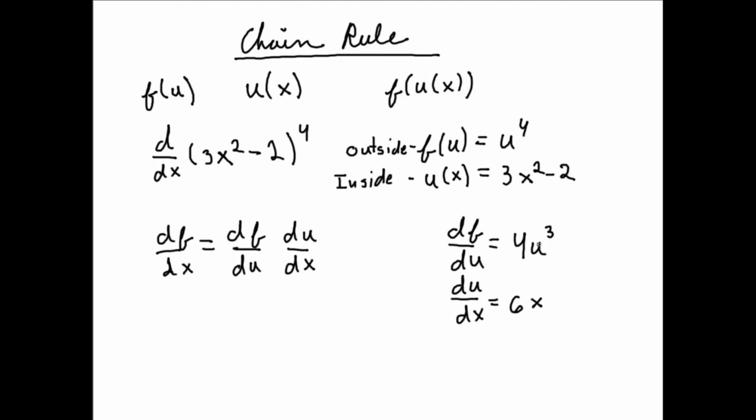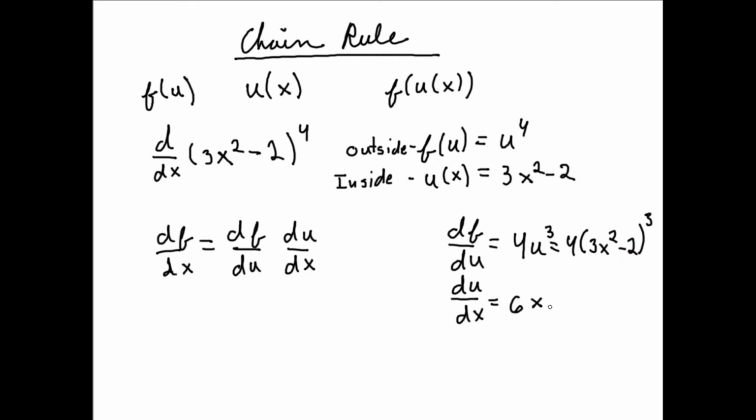So in order to clarify this too, we've written it in this way where we have this function of u, and then we've written u of x as being this expression. So then we can basically substitute this function of u back into this value of u right here, so that we get 4 times 3x squared minus 2, raised to the third power.